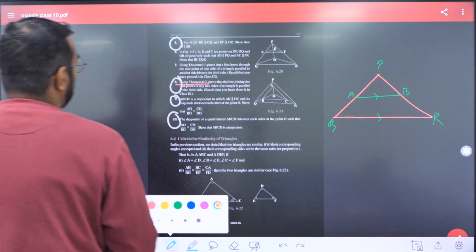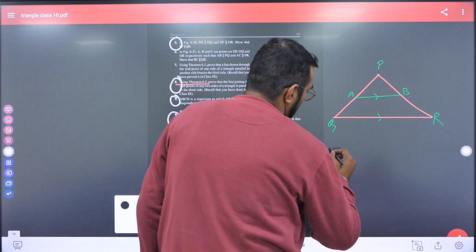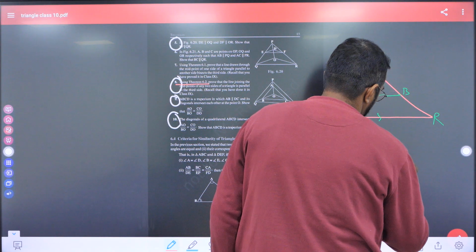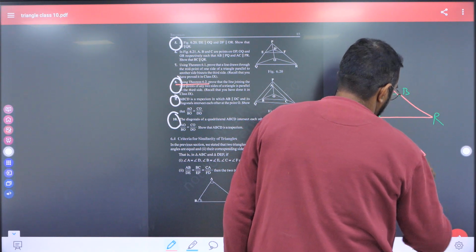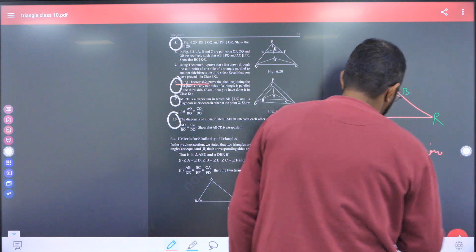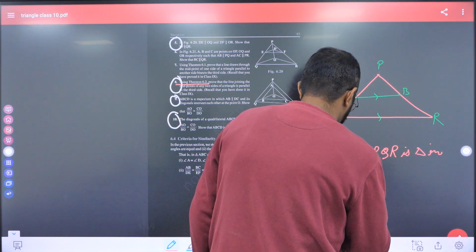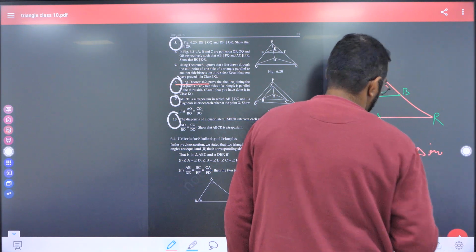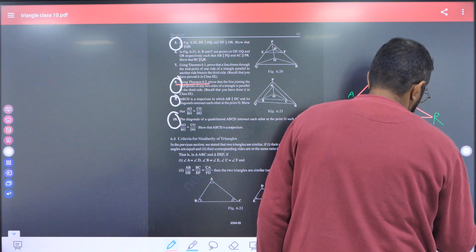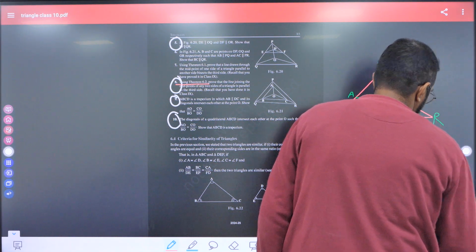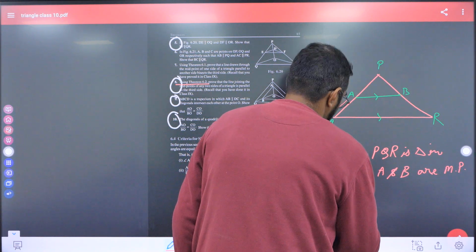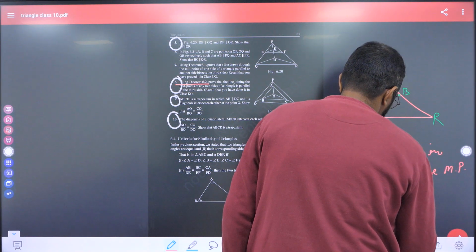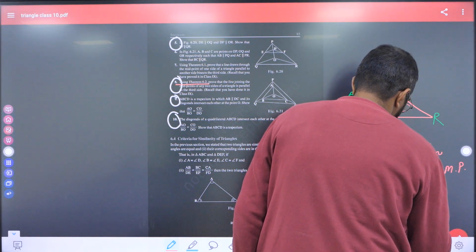Here PQR is a triangle in which A and B are midpoints of PQ and PR respectively.